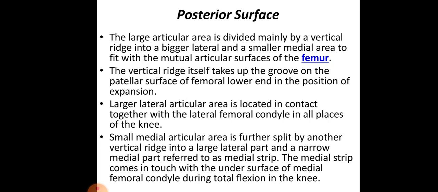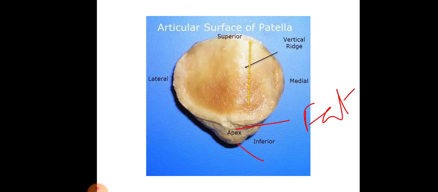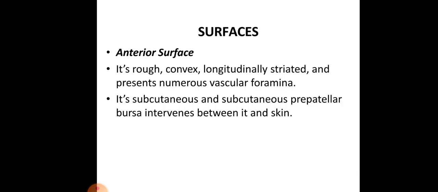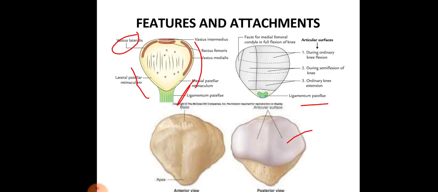of the knee. The small medial articular area is further split by another vertical ridge into a large lateral part again and a narrow medial part, which is referred to as the medial strip. This medial strip comes in contact with the undersurface of the medial femoral condyle during full flexion of the knee. So here we can see the divisions of the posterior surface.